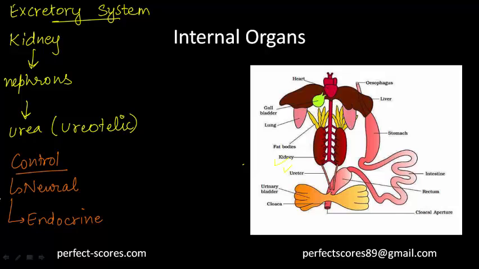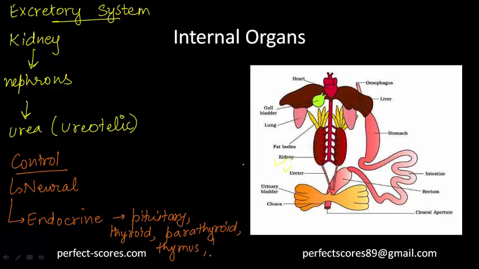The chemical coordination is achieved by hormones that are secreted by the endocrine glands, and the most common ones found in the frog are pituitary gland, the thyroid, parathyroid, thymus, pineal body, pancreatic islets, adrenals, and the gonads.